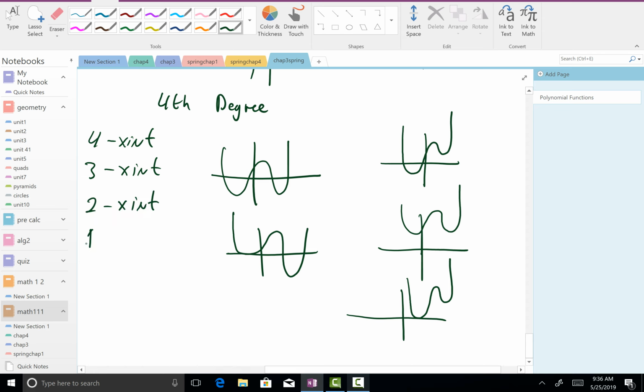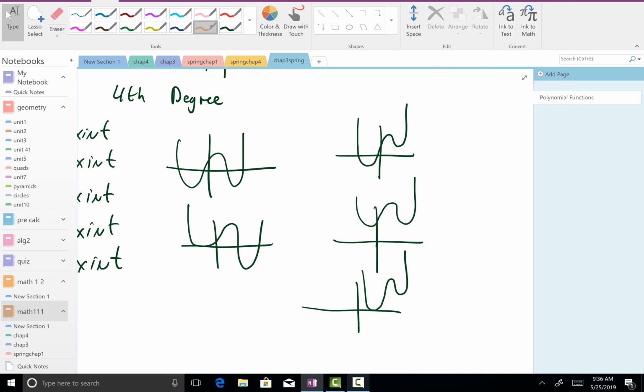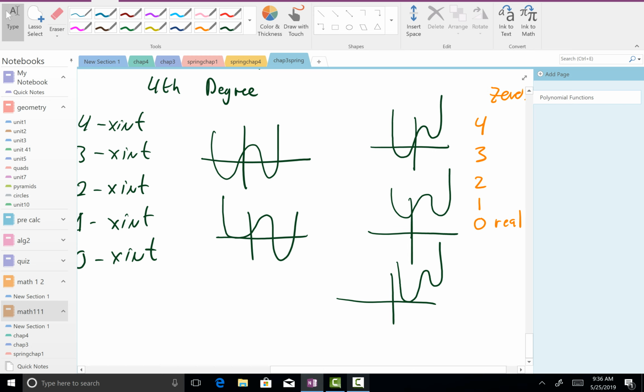On the flips, same thing with the zeros. I could have 4, I could have 3, I could have 2, I could have 1, and I could have 0 real of them. So again, there's a pattern.